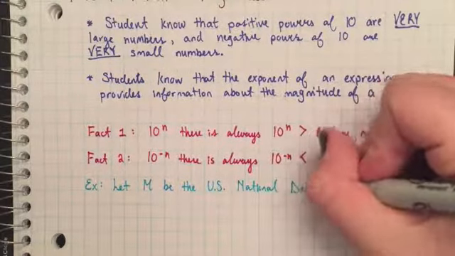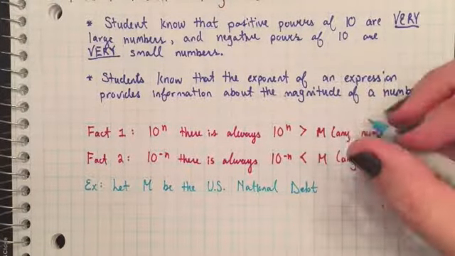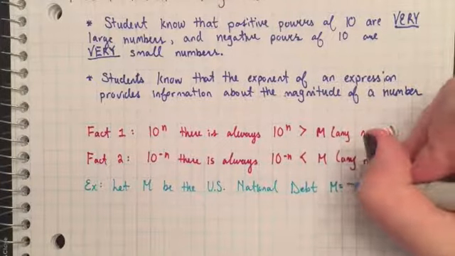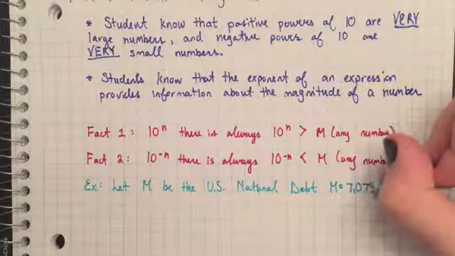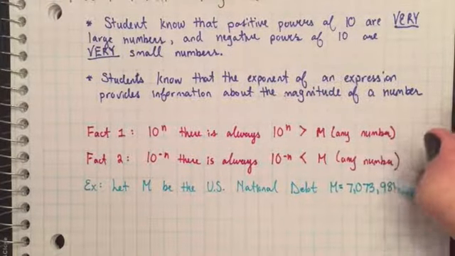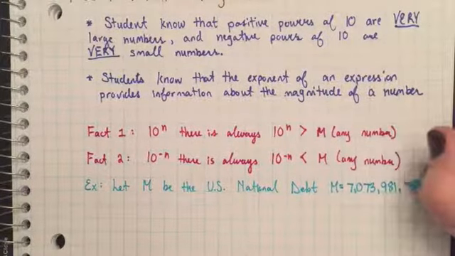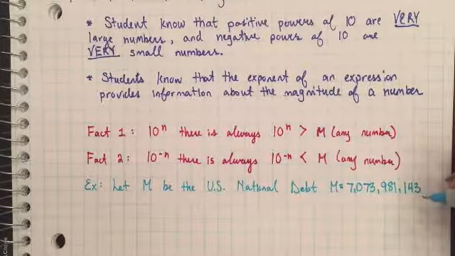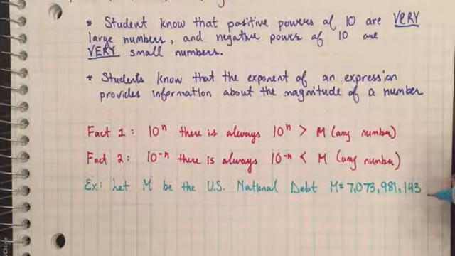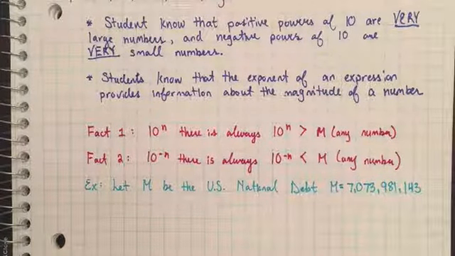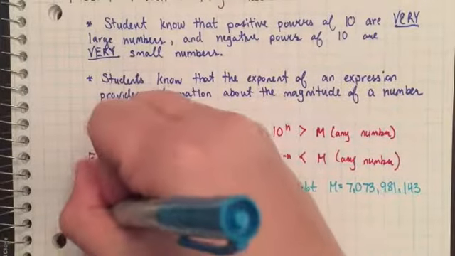So as an example, let's let m be the United States national debt. And let's say the debt is equal to $7,073,981,143.